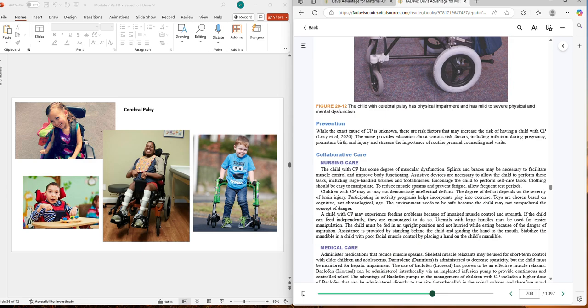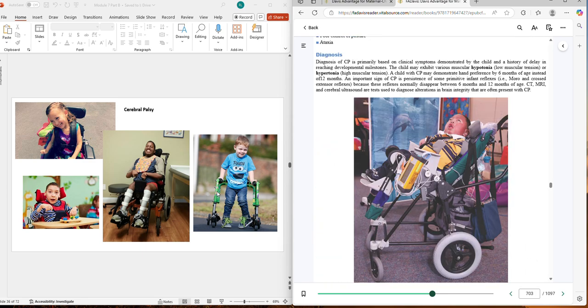There's a case study, and there's another child with CP. This does not mean that they are intellectually disabled. This means that they are physically disabled, okay? Physically with a need.